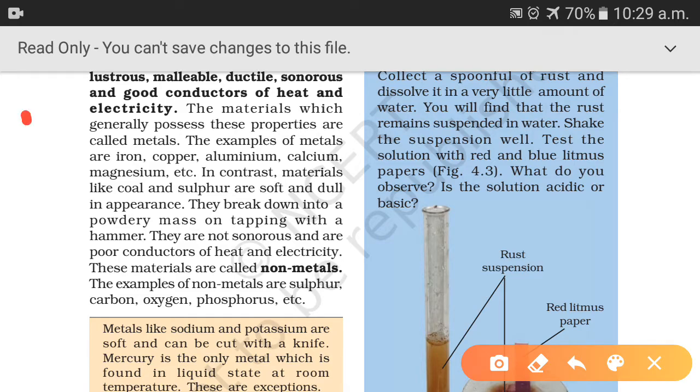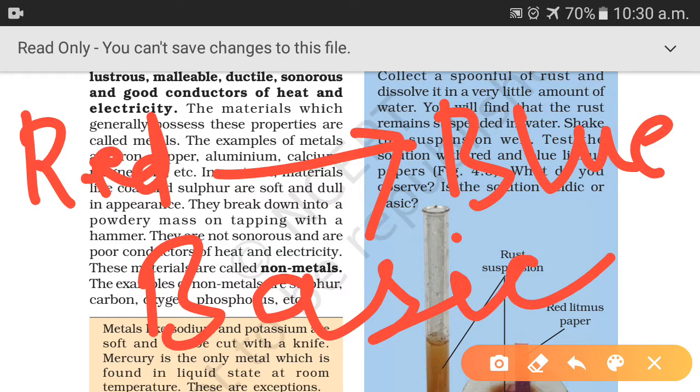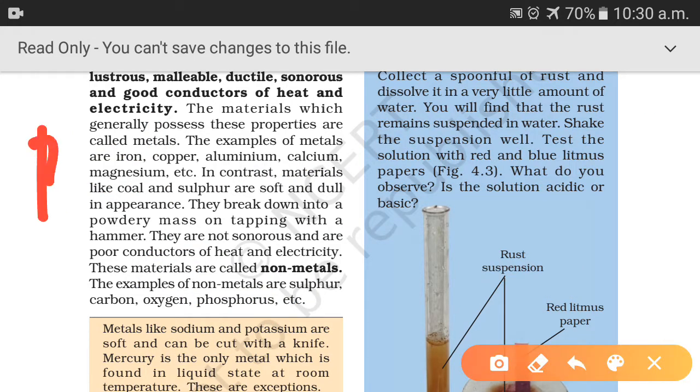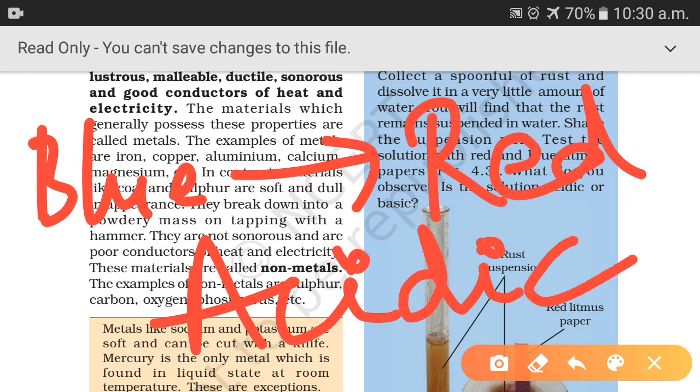And red litmus paper remains red when the solution is acidic. Similarly, blue litmus paper turns red when the solution is acidic in nature, and blue litmus paper remains blue when the solution is basic.